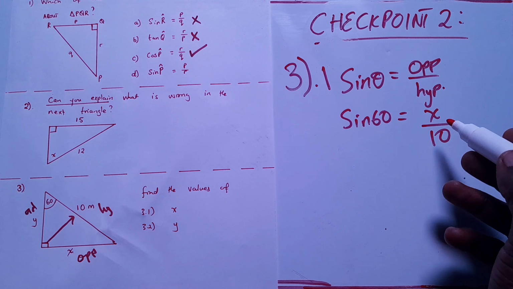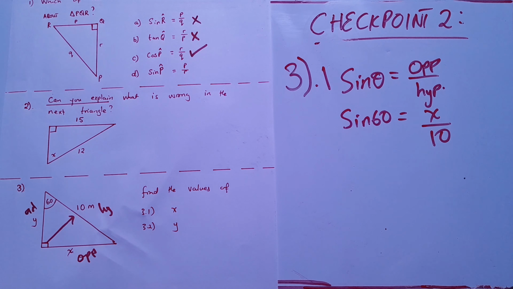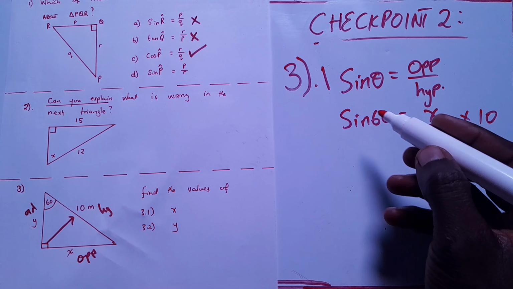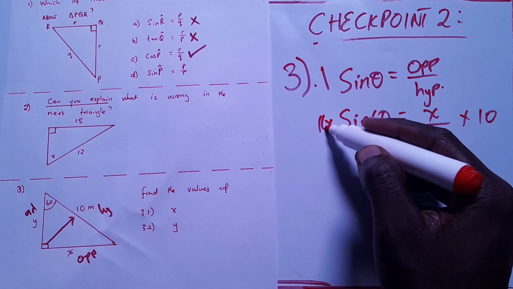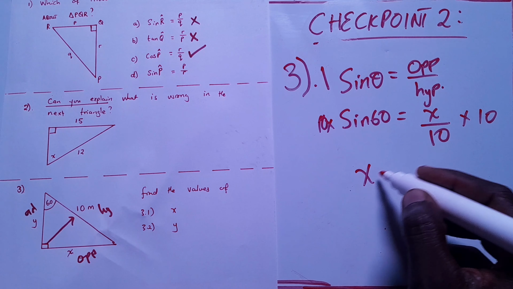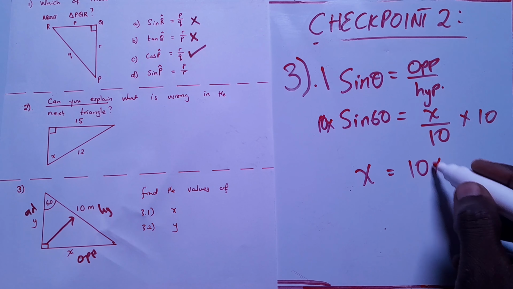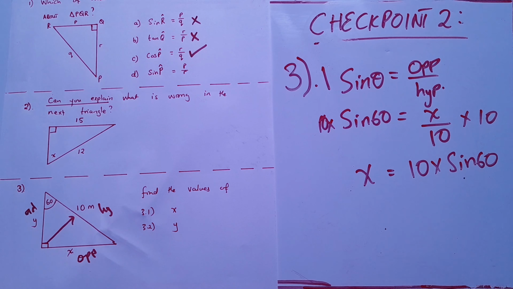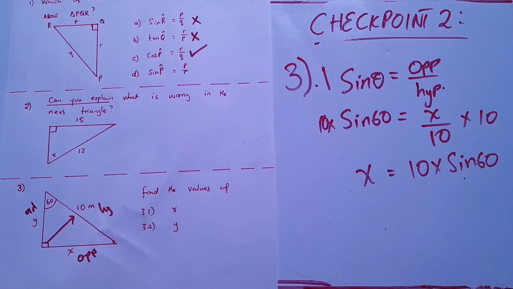We're trying to find x, so we are going to solve for x. We can multiply both sides by 10 to get rid of that 10 there. So our x will be equals to 10 multiplied by the sine of 60. But how do you find the sine of 60? We can punch that in the calculator.